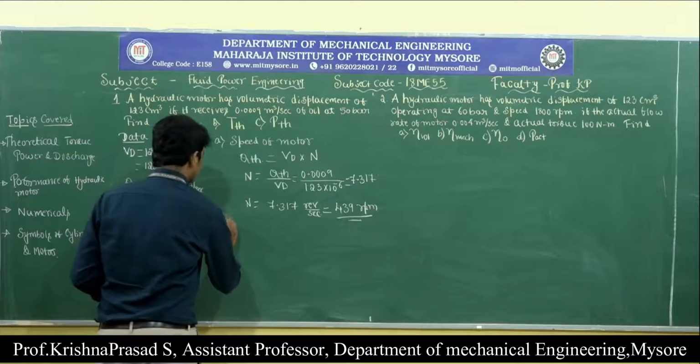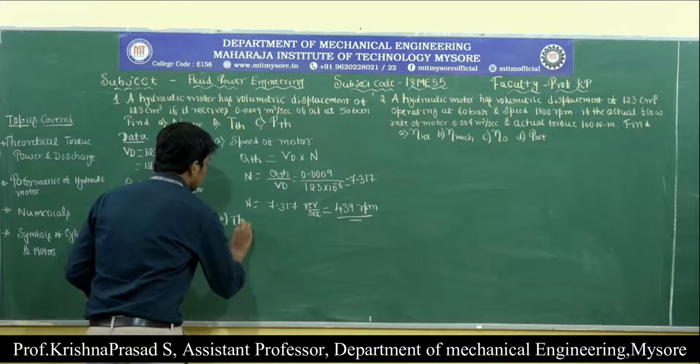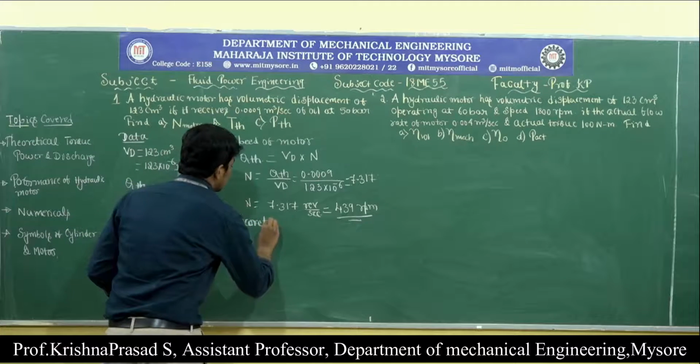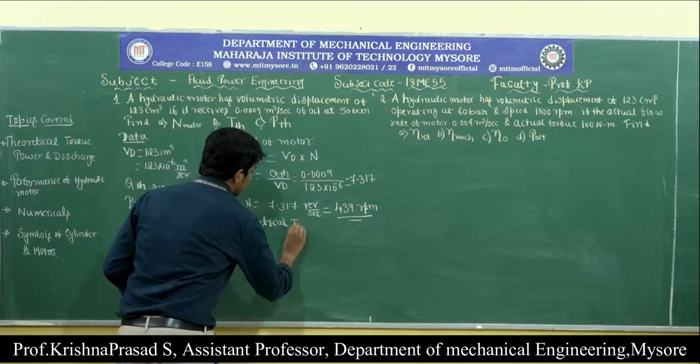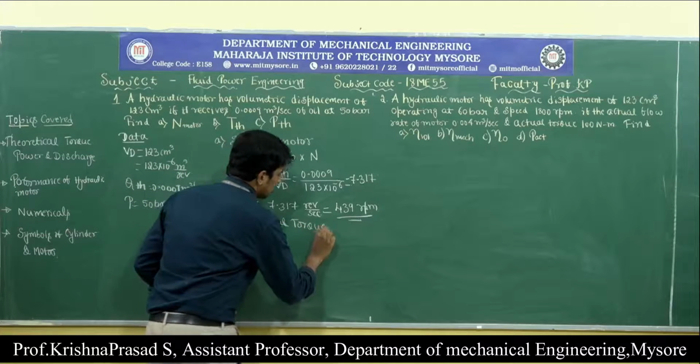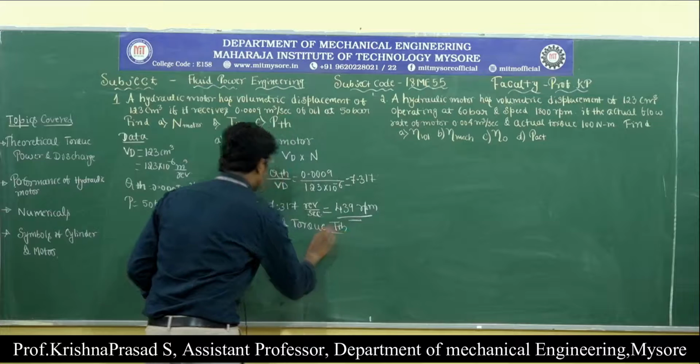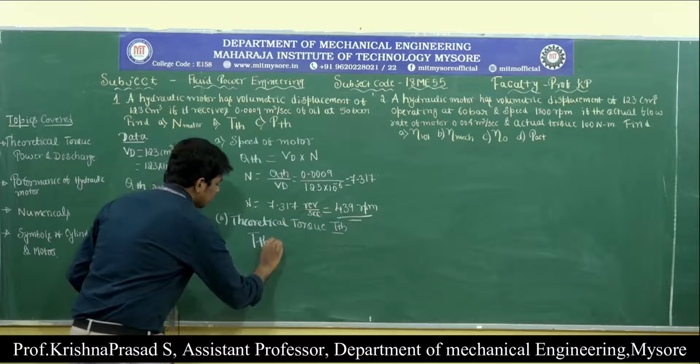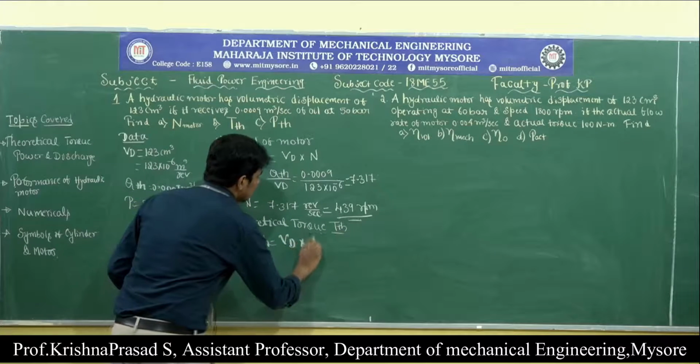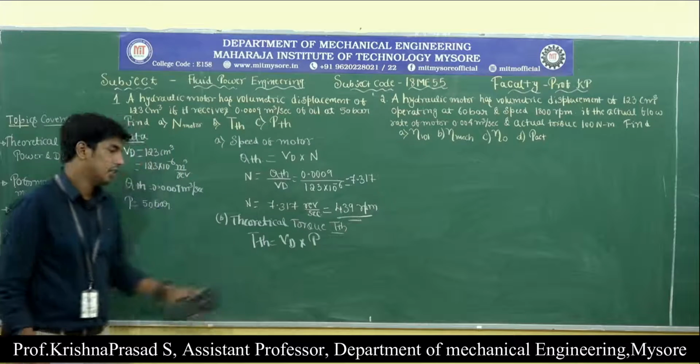Then the second one is called theoretical torque. The theoretical torque formula is equal to volumetric displacement into pressure.